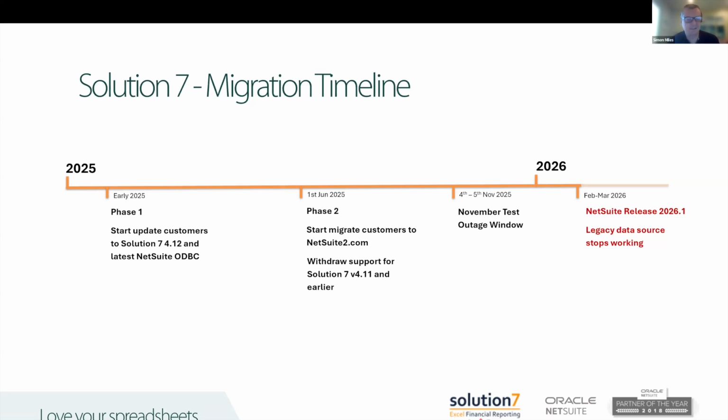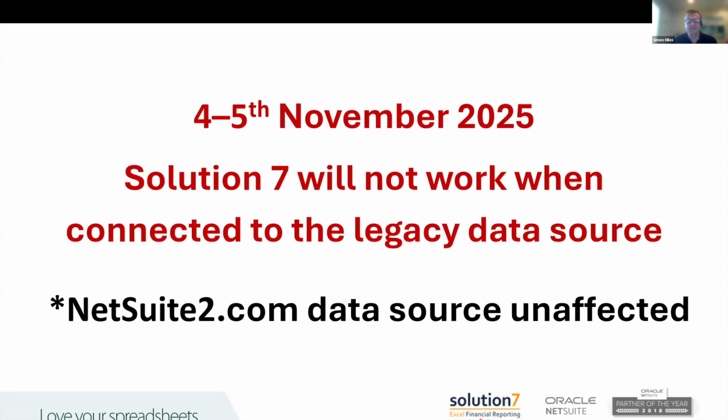Now, if that sounds serious, it is pretty serious. And if I'm honest with you, it's not great timing either. What it means is from the 4th to the 5th of November, if you're running the legacy data source, Solution 7 will not work for those 2 days.